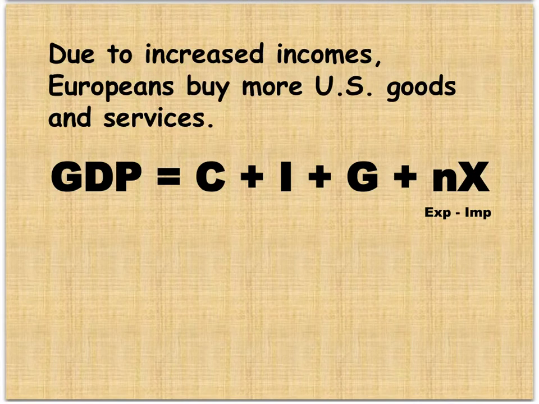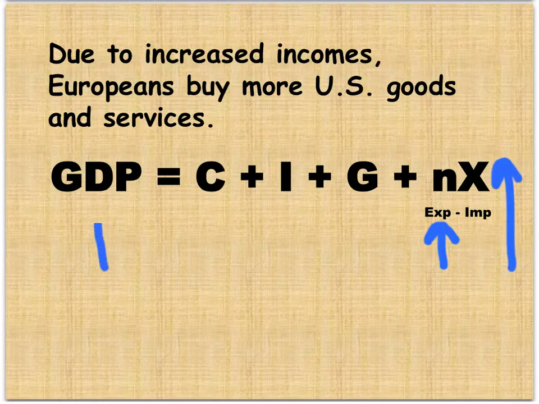Due to increased incomes, Europeans buy more U.S. goods and services. Well, if Europeans are buying more U.S. goods and services, that means our exports are rising, and therefore net exports is rising, and therefore GDP is also going up.